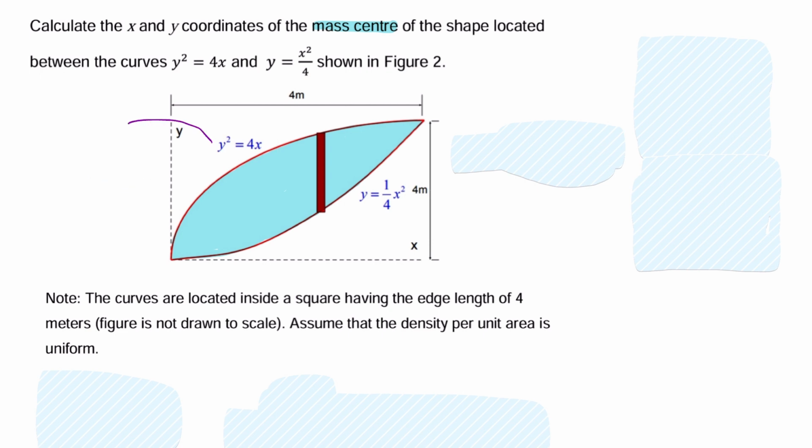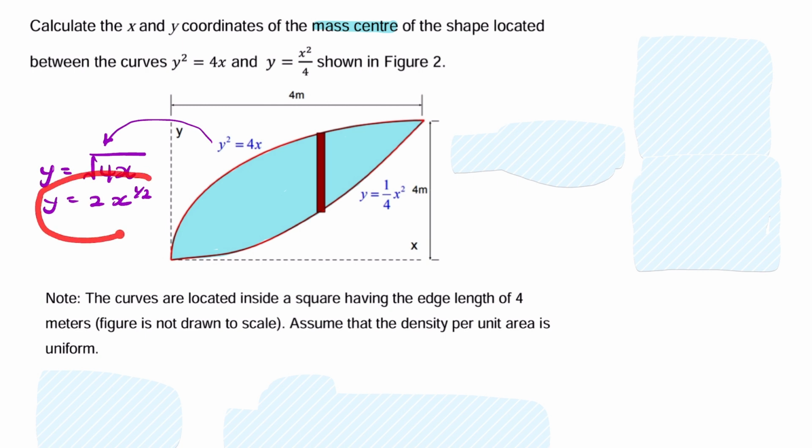If we take the square root of both sides, this is the square root of 4x, which is 2 times x to the power half. Okay, so that's this y, and this lower y is that. So this y here is the difference.